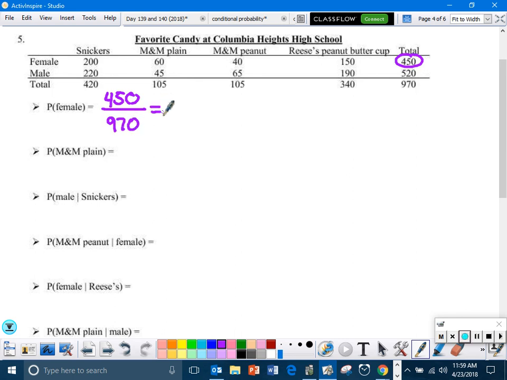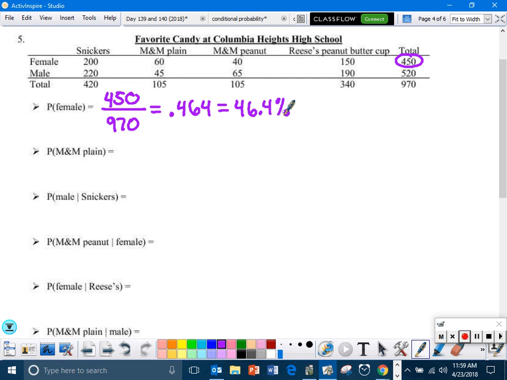Then you could take that and make it into a decimal. Round it to 3 decimal places, so 0.464, and then we can change it to a percent, 46.4%. I'll do it for the next one, but after that you can go ahead and type it in and get the percents on your own.